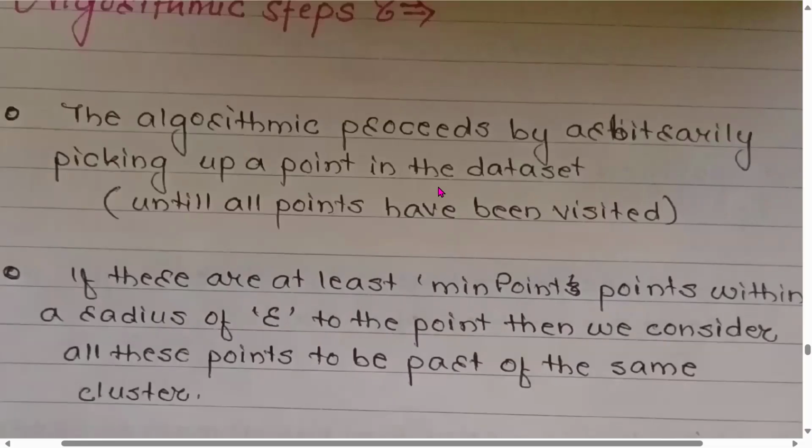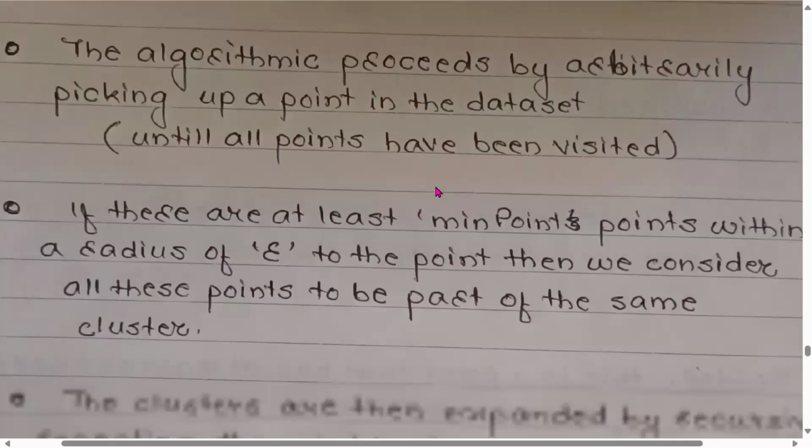Second, if there are at least minimum points within a radius of epsilon to the point, then we consider all these points to be part of the same cluster.